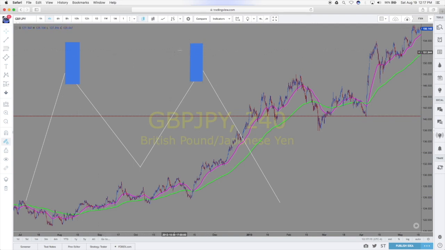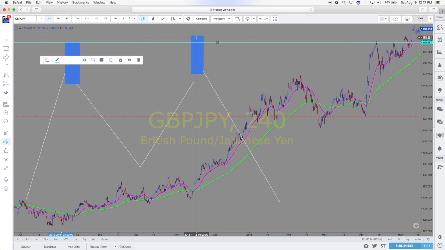What you do not want is this candle to close above this one like this. Very important that this candle cannot close above this.